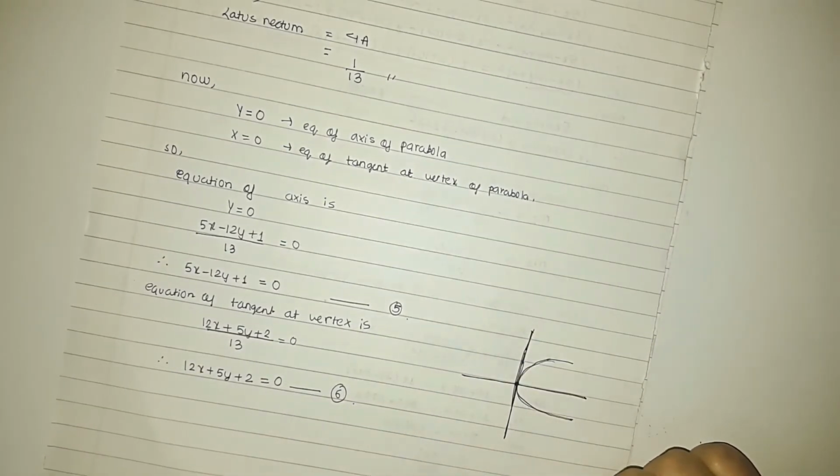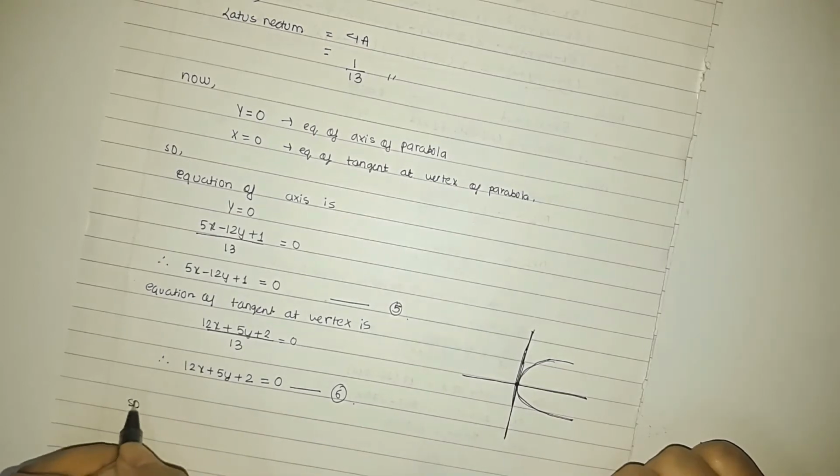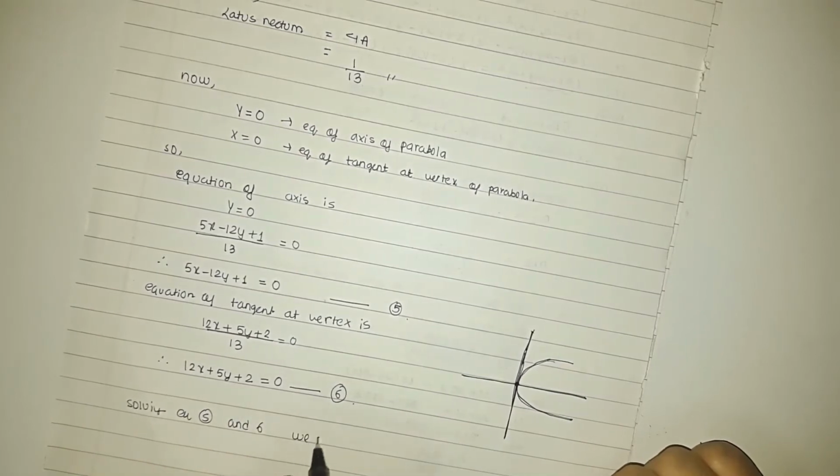Therefore, by solving equations 5 and 6, we get the point of intersection of the tangent at the vertex and the axis of the parabola, which is basically the vertex.